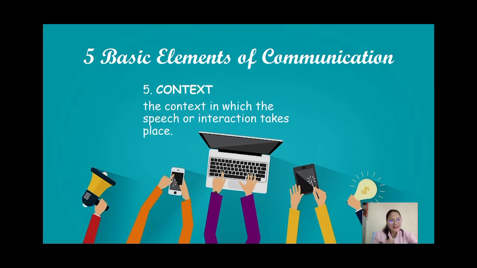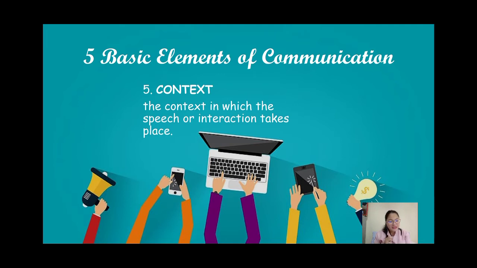The last one is called context. The last element of the communication process is the context in which the speech or interaction takes place. In the 1980s, context was taught as the actual physical setting where communication occurred, such as in a place of worship, an apartment, a workplace, a noisy restaurant, or a grocery store.